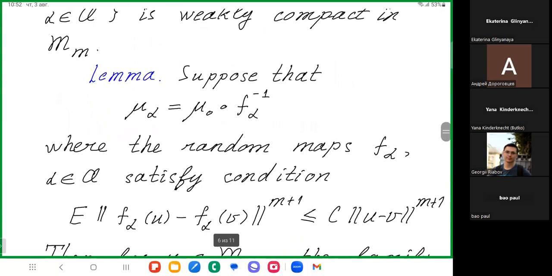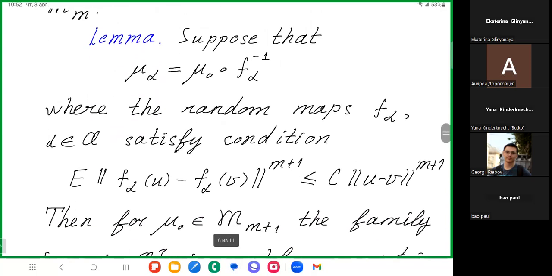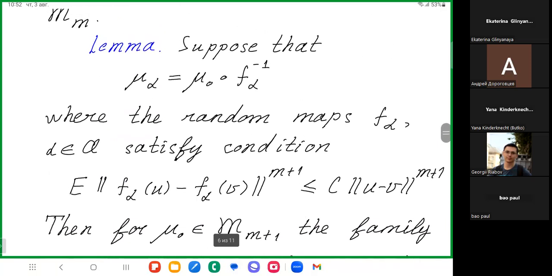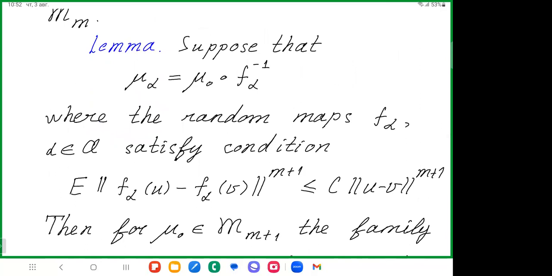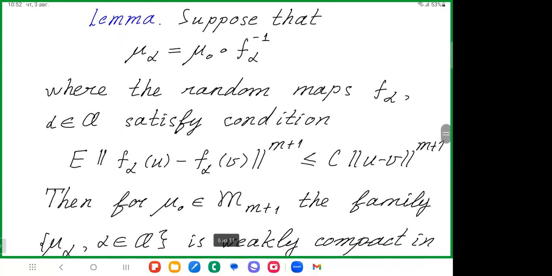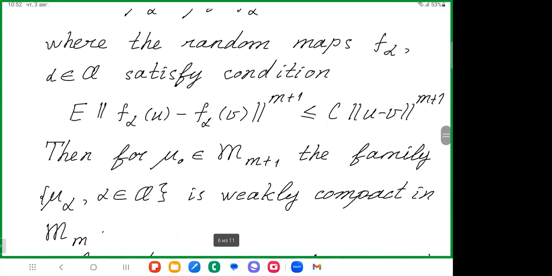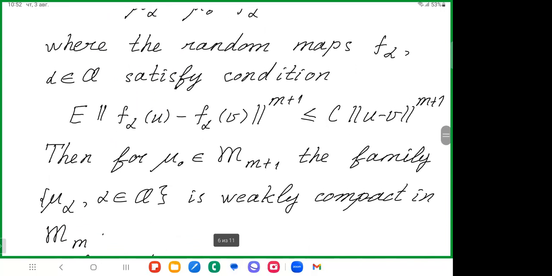So if we have such a condition that the expectation of the norm of f_alpha(u) minus f_alpha(v) in power m plus 1 is less than the norm of u minus v in power m plus 1, then for mu_0 belonging to M_{m+1}, the family mu_alpha is weakly compact in M_m.